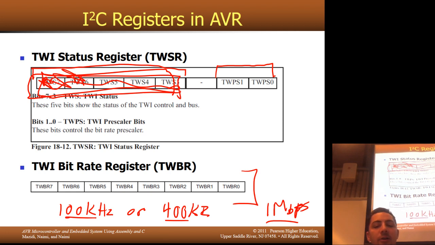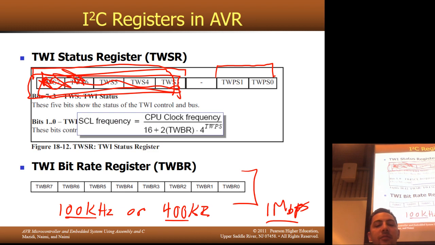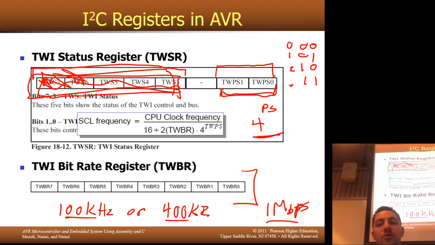How do you calculate your baud rate? Well, it's a pretty simple formula. You take whatever these two bits are, and 4 to those prescaler bits gives you your actual prescaler. So what are your possible prescalers? You can have 00, 01, 10, 11. That's 0, 1, 2, 3. So that means that we've got 4 to the 0 is 1, 4 to the 1 is 4, 4 to the 2 is 16, 4 to the 3 is 64.